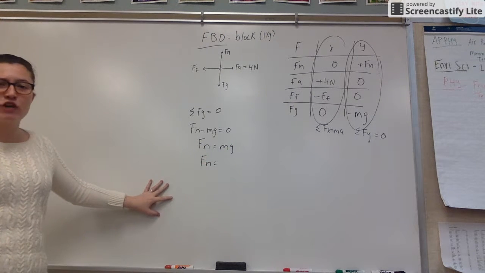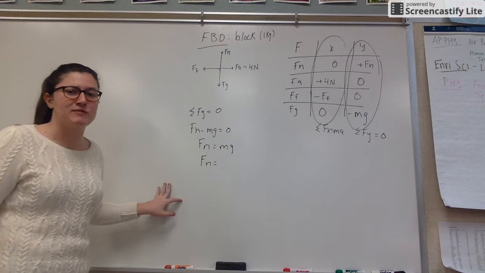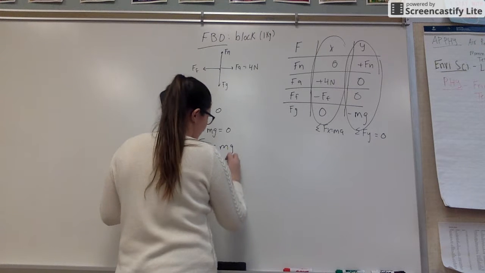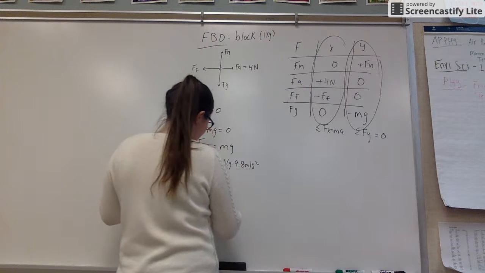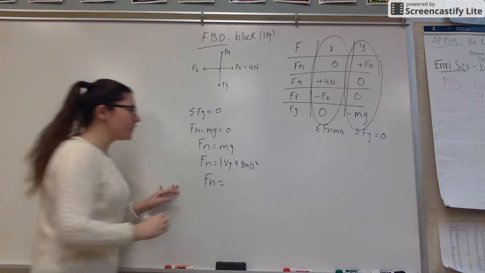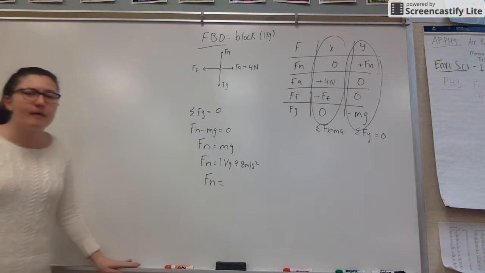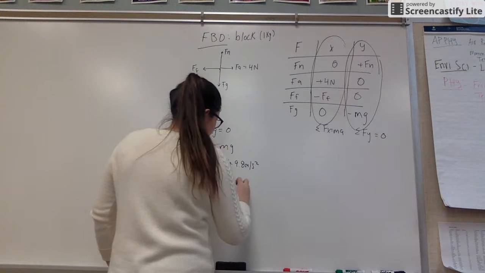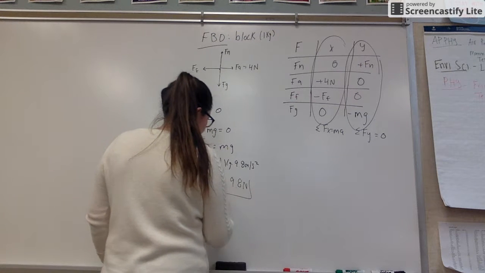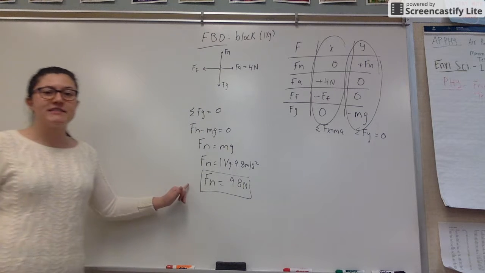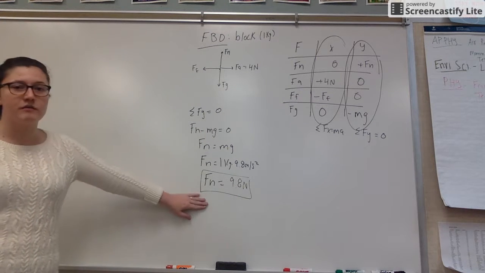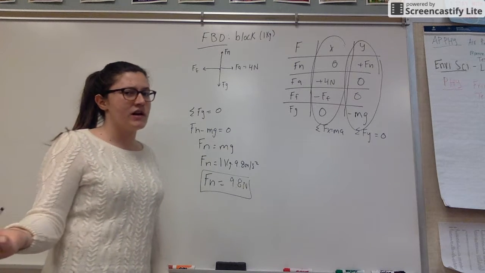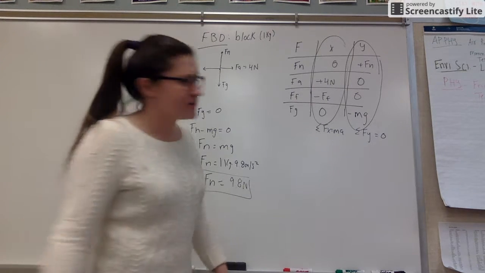So we know it's 1 kilogram times 9.8 meters per second squared. Our normal force is going to be 9.8 newtons. So we're going to use this later to help us look at our force of friction. So leave a box on the side. Let's move on to the sum of forces in the x.